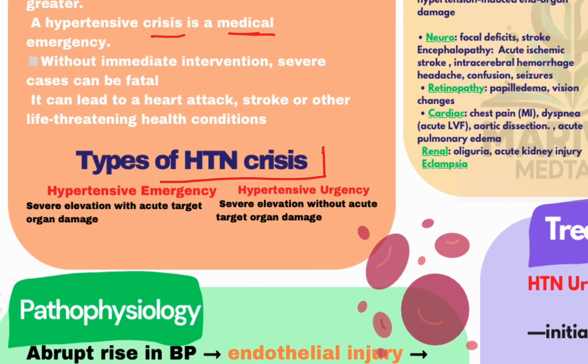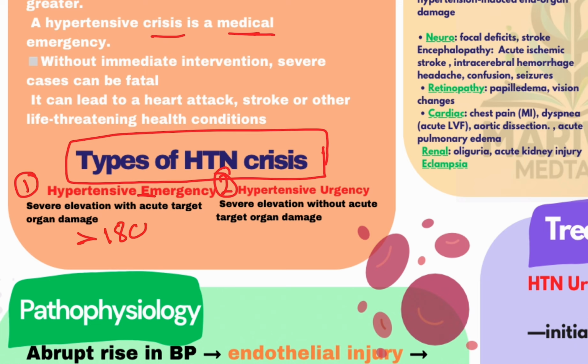We divide hypertensive crisis into hypertensive emergency and hypertensive urgency. Hypertensive emergency, with E, means severe elevation in blood pressure, more than 180 systolic and 120 diastolic, with evidence of acute target end organ damage.